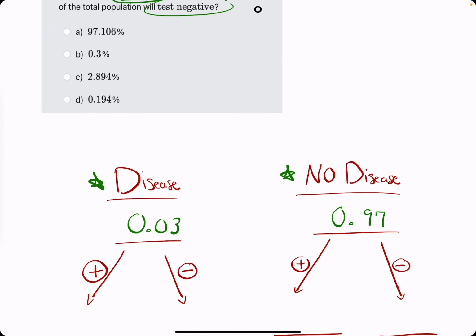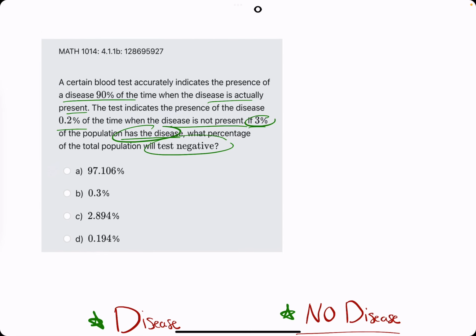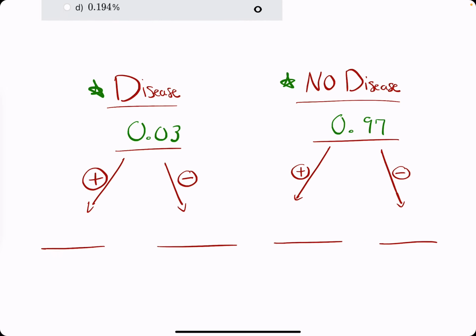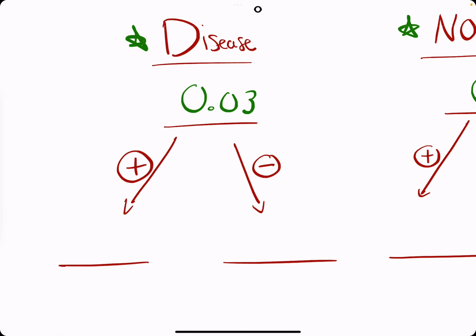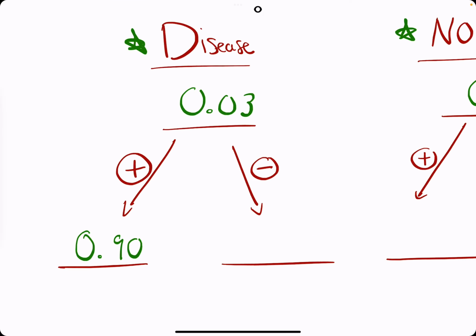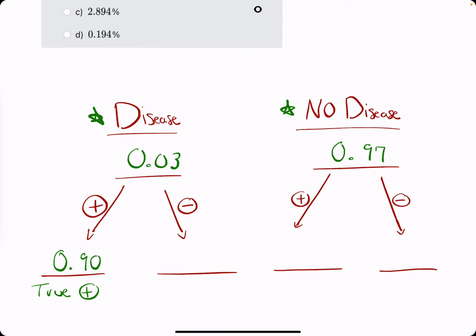Now they say the test will indicate the presence of the disease 90% of the time when the disease is actually present. So 90% of the time, if you actually have the disease, it'll show up as positive on your test. This is a true positive, because you have the disease and you tested positive.